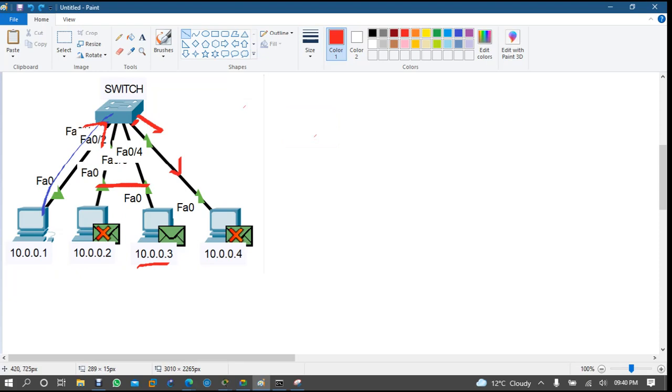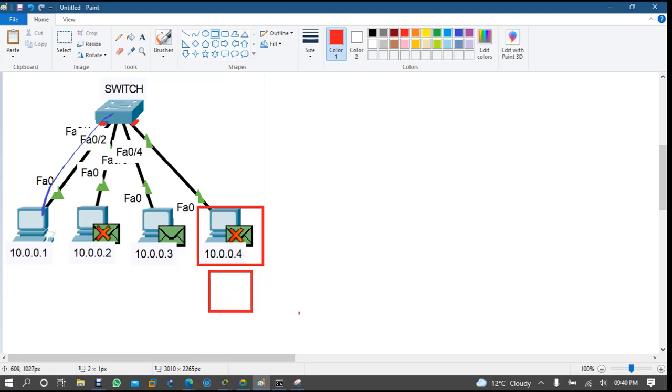The switch is thinking the destination you are looking for may be connected after this port.